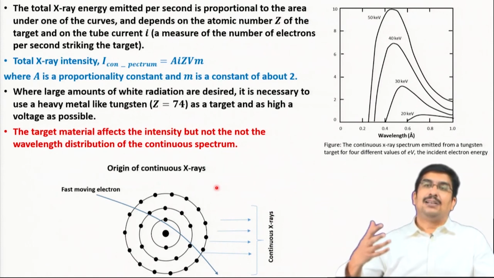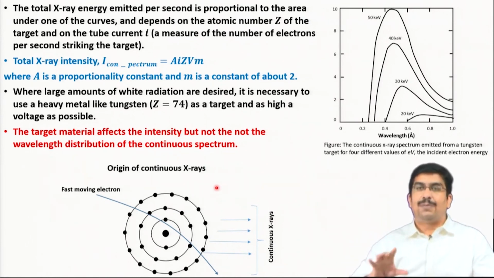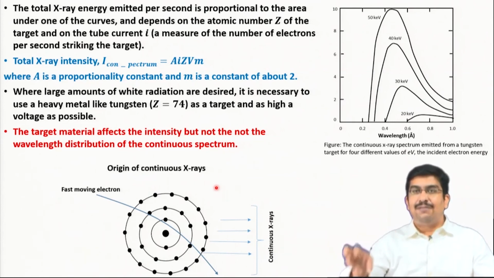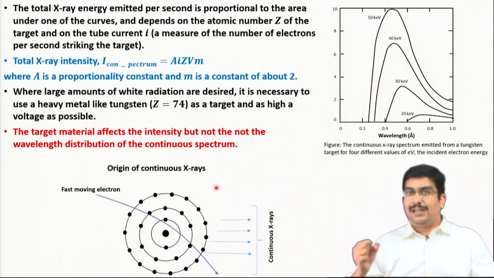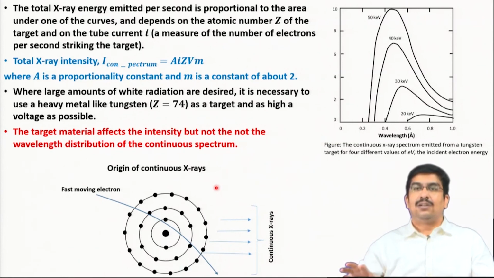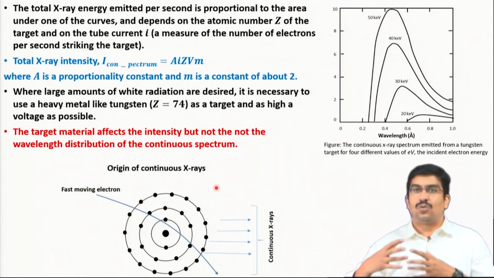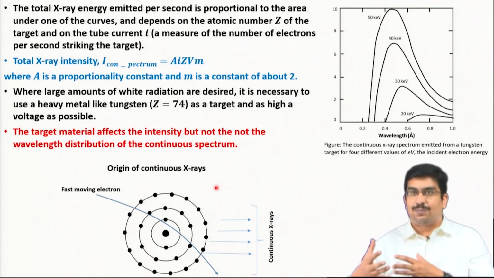Or in other words, if the electron is not stopped in one impact and undergoes some elastic and inelastic interactions, then a heavier nucleus or heavier atom will be able to extract more energy from each individual interaction. This extraction of energy is the source of X-ray generation.